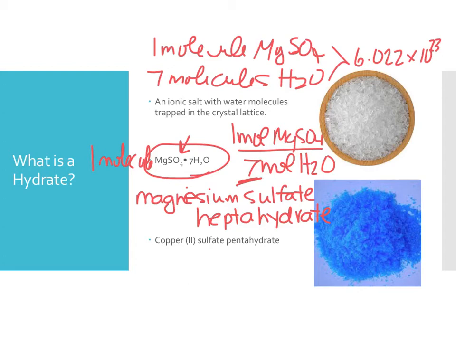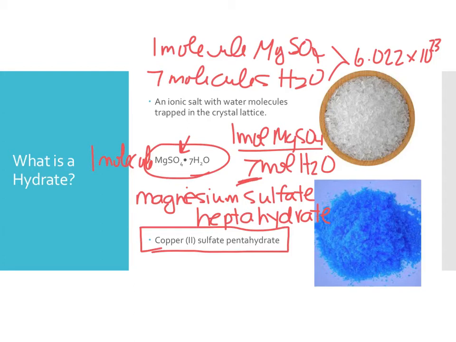All right, let's look at this other hydrate. And you may remember this hydrate. This was a hydrate that we used in the chemical and physical changes lab. So you heated the blue crystals, they turned white, and then when you drove the water off, you could add the water back in and they went back blue.